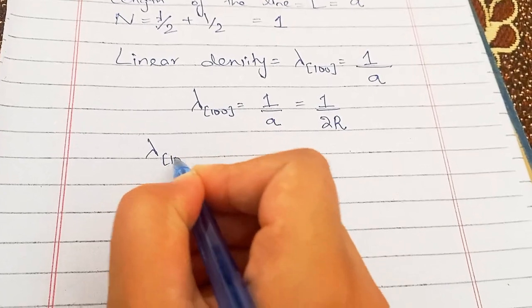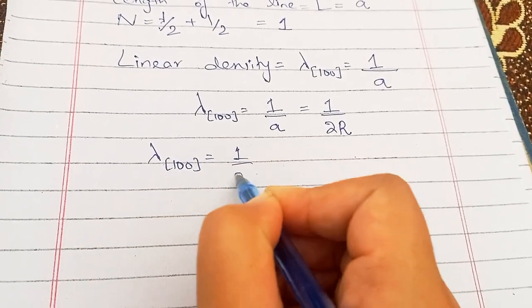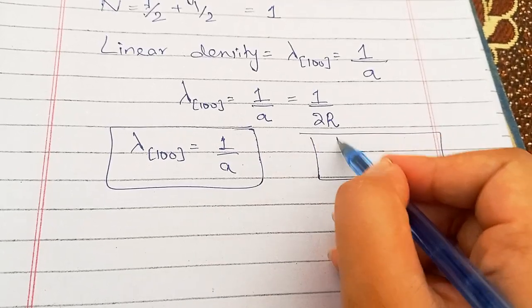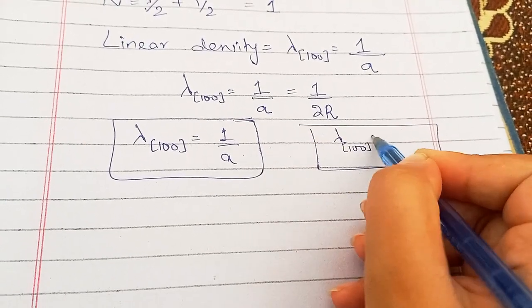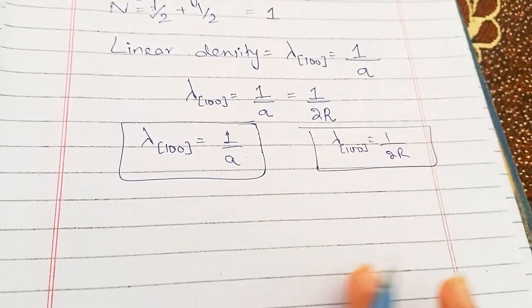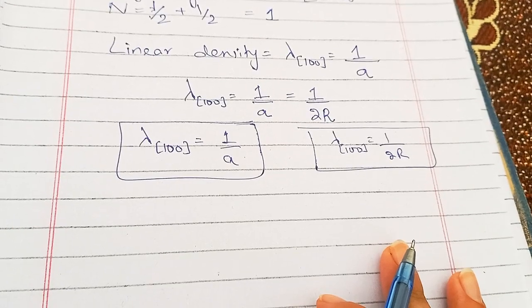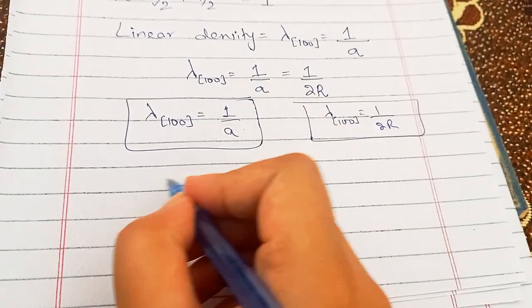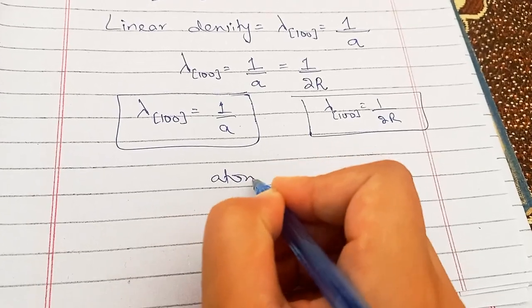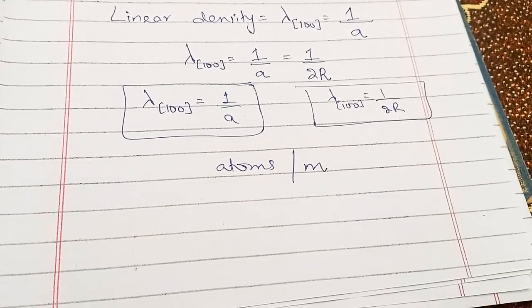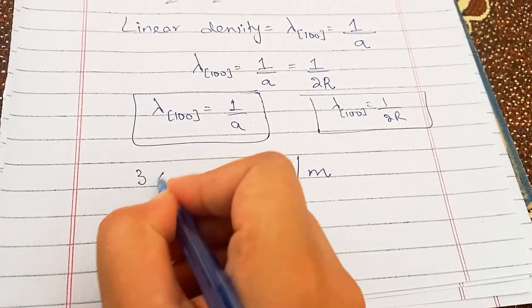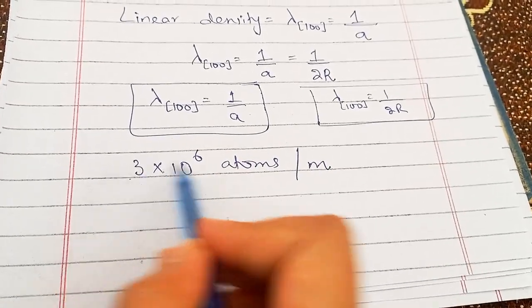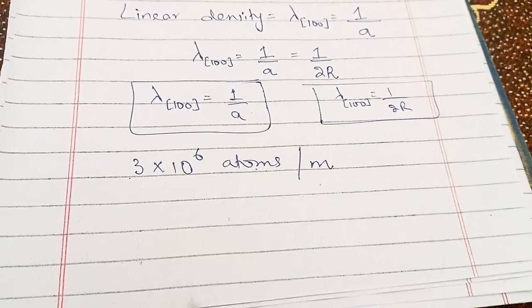Sometimes for numericals you need to know the linear density in terms of atomic radius or whatever it is. So this is the final result for the linear density of the 100 direction, and its units are atoms per meter. Okay, for example, the result you get is 3 multiplied by 10 to the power 6. Its unit will be atoms per meter.